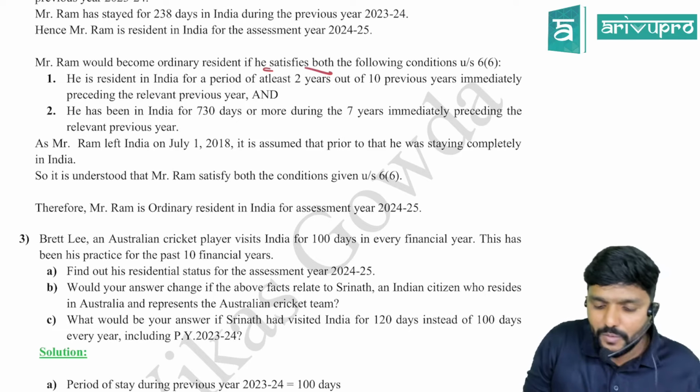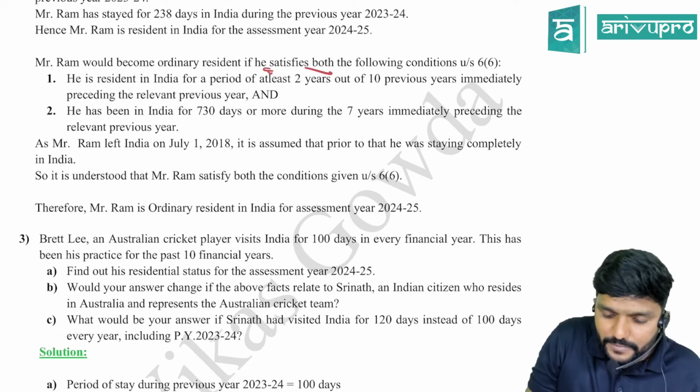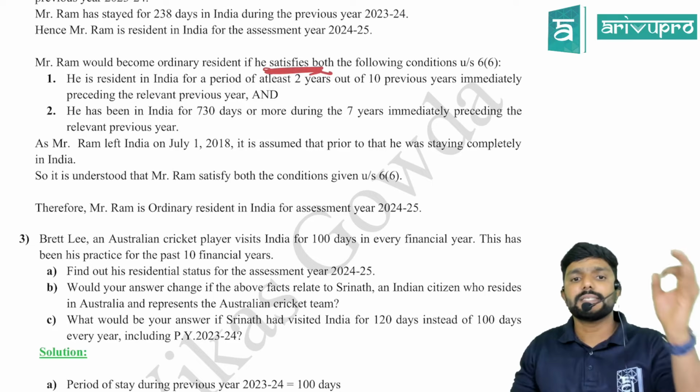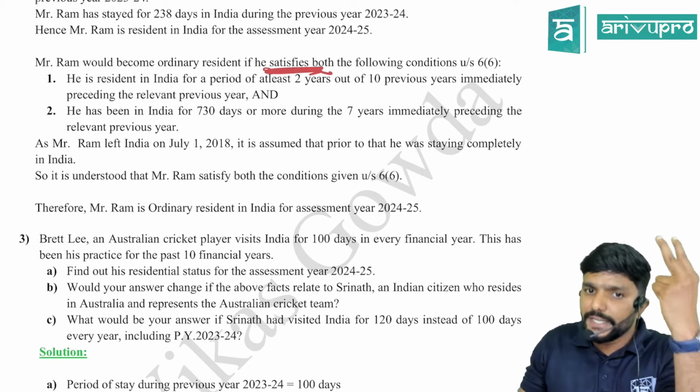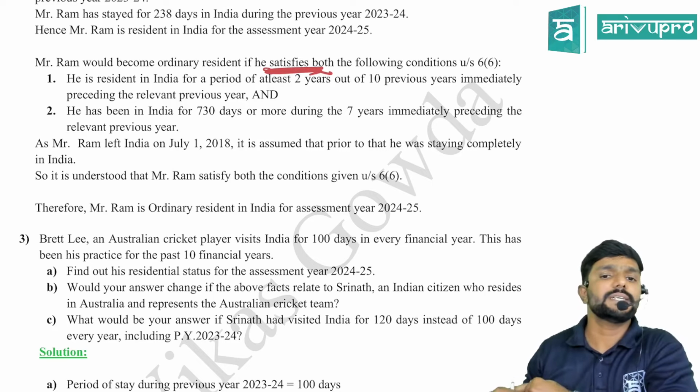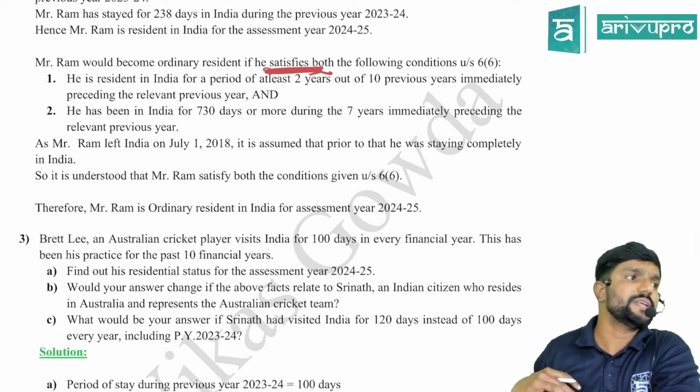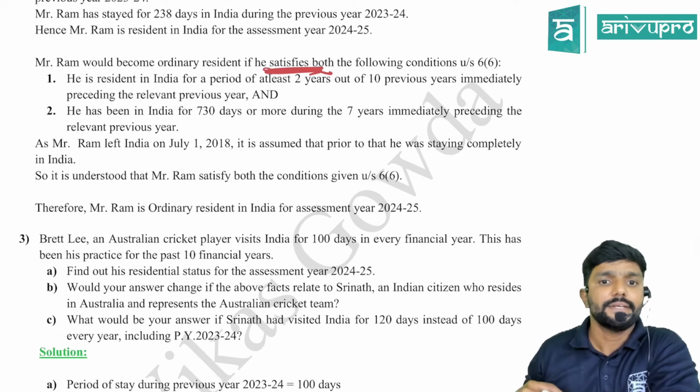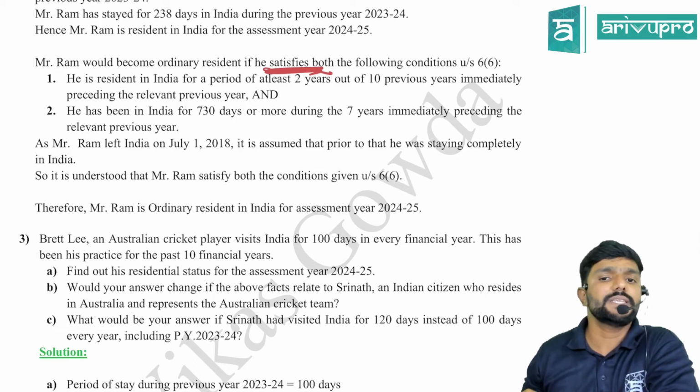What are those? He is resident in India for a period of at least 2 years out of 10 years immediately preceding the relevant previous year. And he has been in India for 730 days or more during the 7 years immediately preceding the relevant previous year.